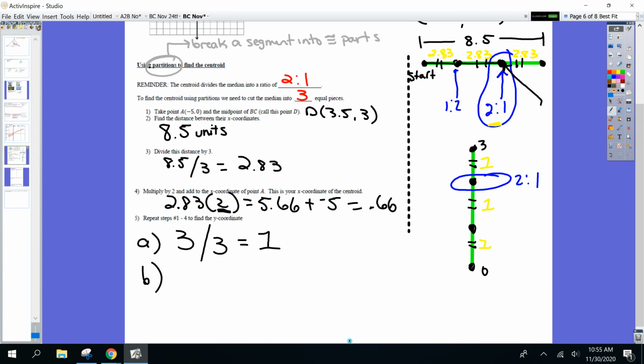Well, if I go 3 units, I'm all the way back at the end. I'm just trying to get to this 2 to 1 point. 2. 2 units, everyone. How did he get it? He said, oh, I go 1 unit every time, but I got to go twice. So I multiplied by 2, just like I did in step 4 for the x coordinate. I had to multiply by 2. So I'm going 2 total units.